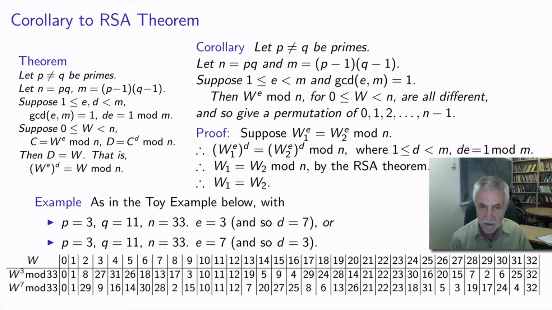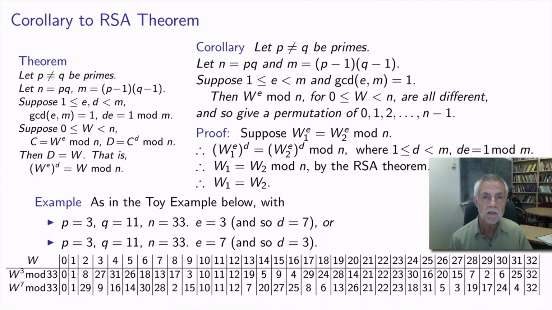And so these numbers, which lie in the range 0 up to 32 also, and are all distinct, must therefore be a permutation of 0 up to 32. And also, we could take e to equal 7, because again the hypotheses of the theorem are true. 7 and 20 have no common divisor. So again, all of these must be distinct from one another.